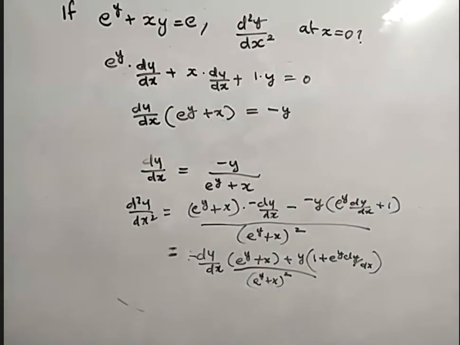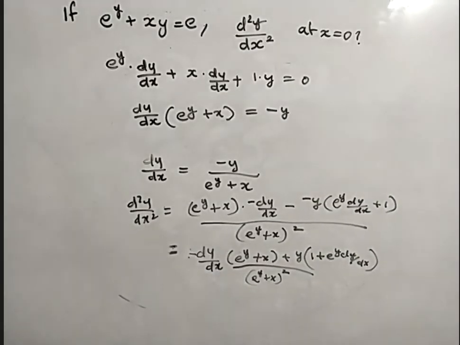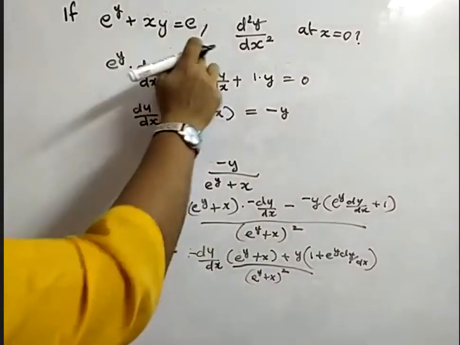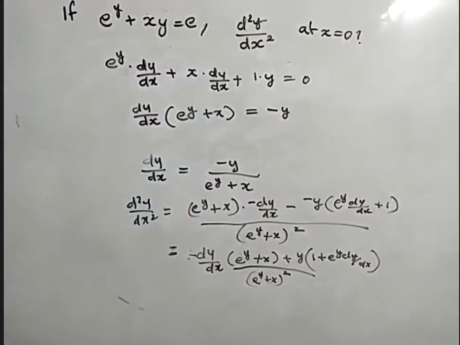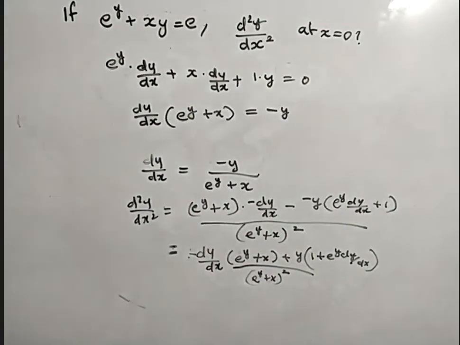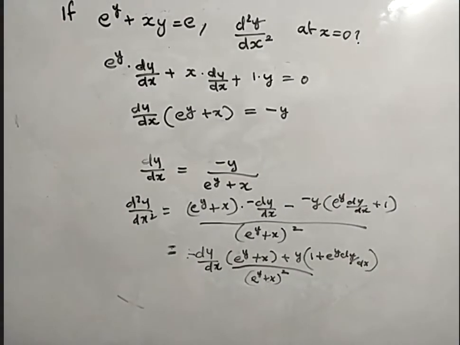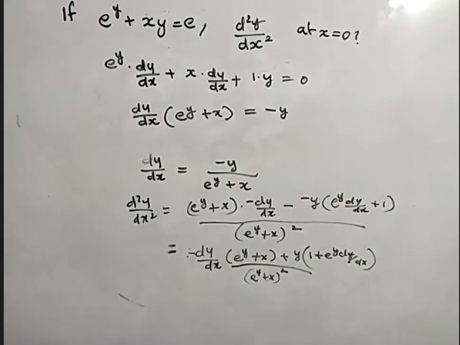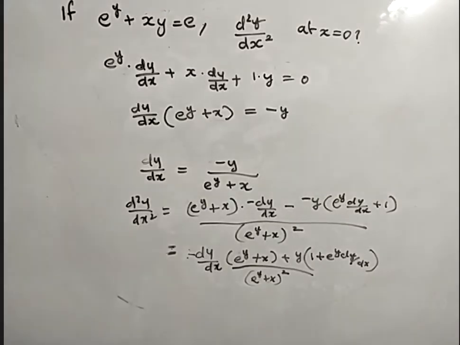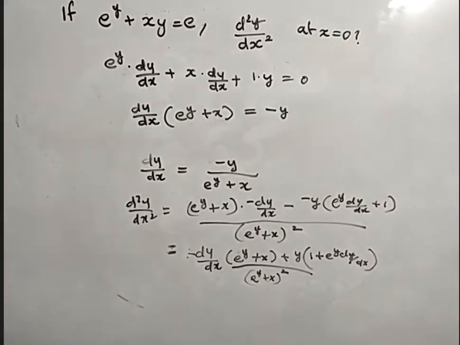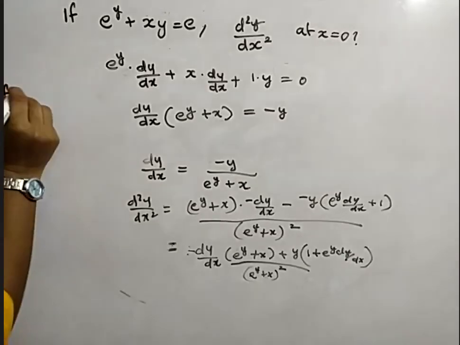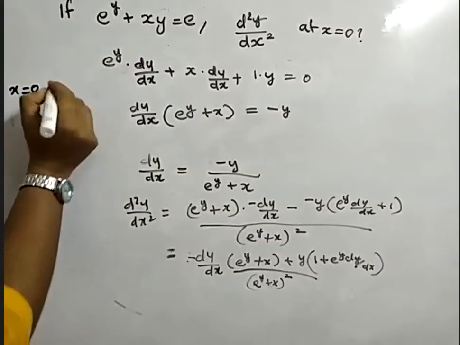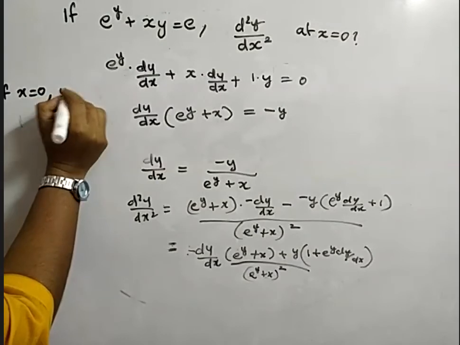If x is equal to 0, y is equal to 1, right? Putting 0 here, you will get y is equal to 1.